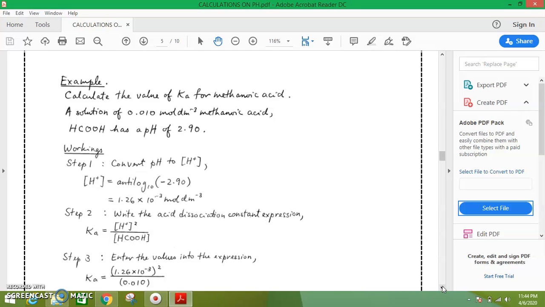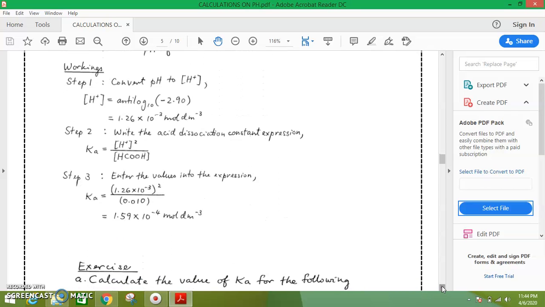Substitute the values because both values are given to you, in step 3: 1.26 times 10 raised to the power minus 3, take the square because here it is H plus squared, and divide by the concentration of methanoic acid given in the question. Then you will get the answer for Ka, and its unit is mole per dm cube.